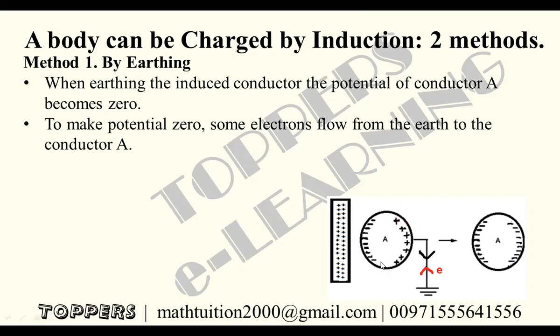So Earth is ready to give electrons. Electrons will flow from Earth to the object, and all these positive charges will be cancelled. How many positive charges? 1, 2, 3, 4, 5, 6, 7. That many electrons will flow from the Earth to the object, and all this positive charge will be cancelled, and this body gets an excess of electrons.